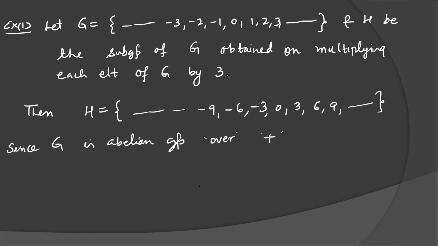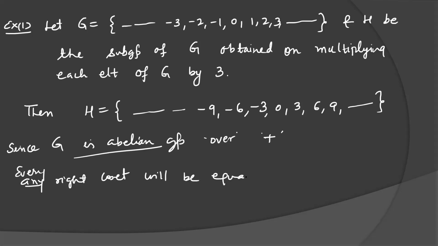Now our aim is to find the left cosets and right cosets of H. If G is abelian, then every right coset will be equal to the corresponding left coset.